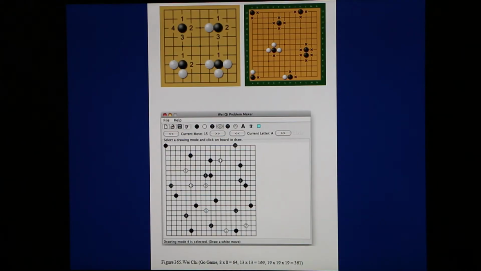There is a royal game played in the north of Europe called Hnefatafel, or sorry, first we have Wei Qi. Wei Qi in its simple form is 8 by 8. Then there is a more complicated version, 13 by 13, and a more complicated version, 19 by 19.